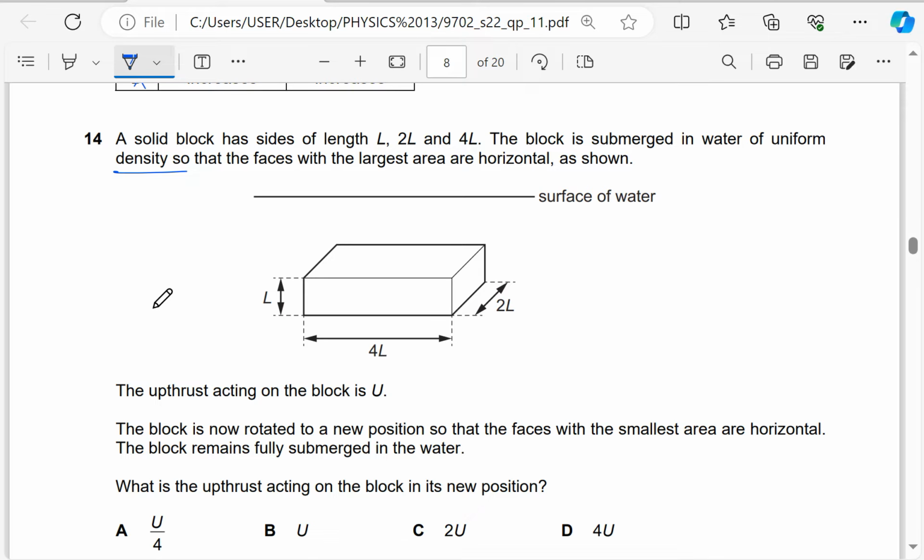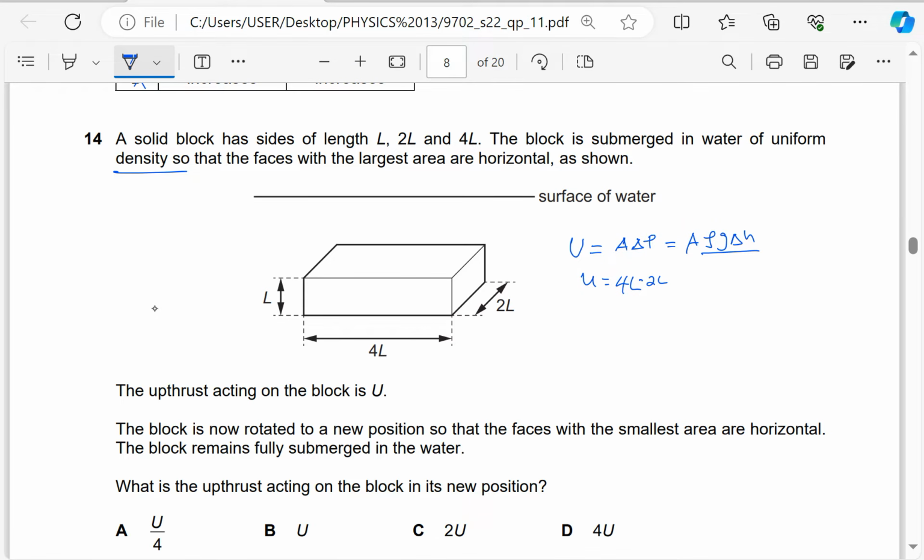If you don't believe this, I can show you that it remains U. In this initial position, the upthrust U is going to be the cross-sectional area times the difference in pressure between the top and the bottom, which is the cross-sectional area times the density times g times the change in height. The cross-sectional area is going to be 4L times 2L.